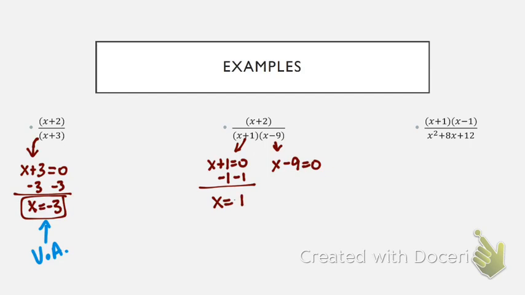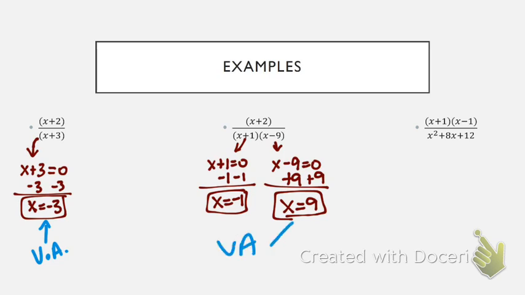So if our x value is negative 1, we have an issue. And if our x value is positive 9, we also have a problem. But both of these are vertical asymptotes, both of them.